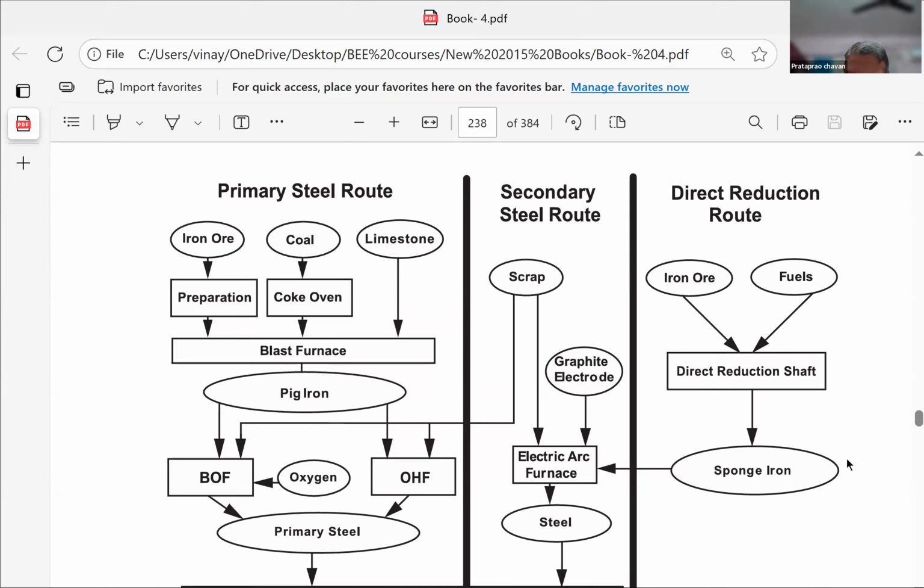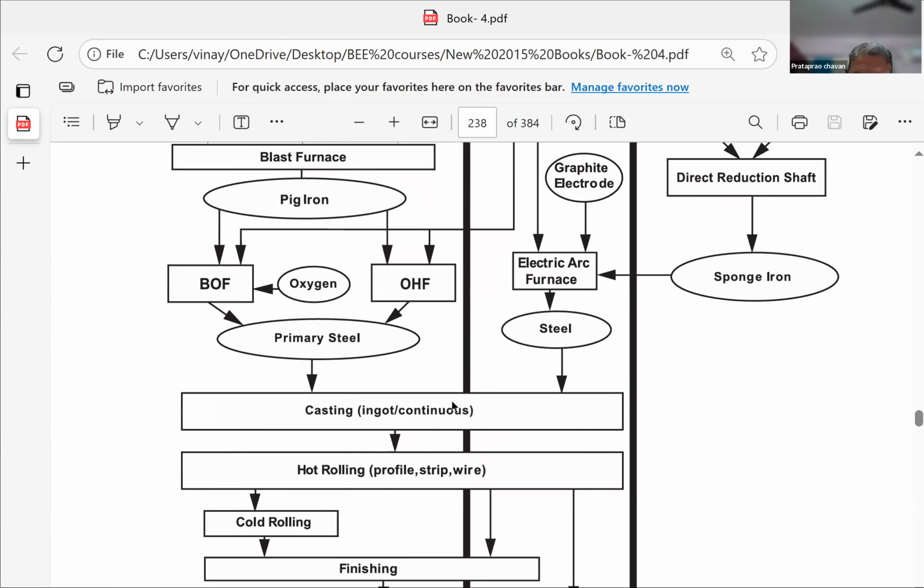Now this sponge iron is on the same level as the irons made here. Sponge iron is equivalent to electric furnace inputs or the BOF, OHF inputs. And then it follows the same route, steel and then rolling.